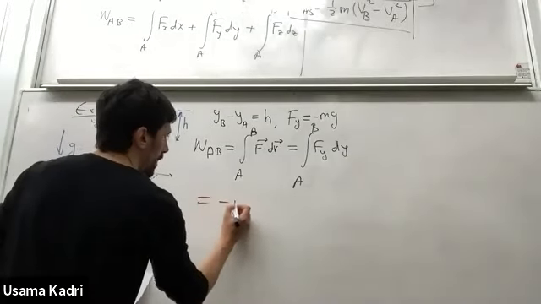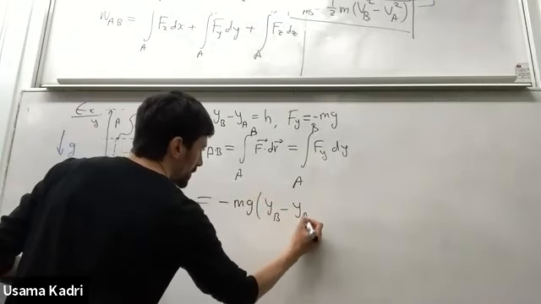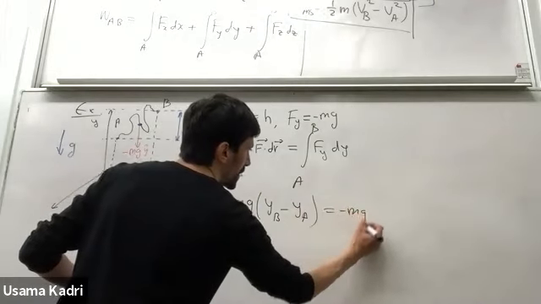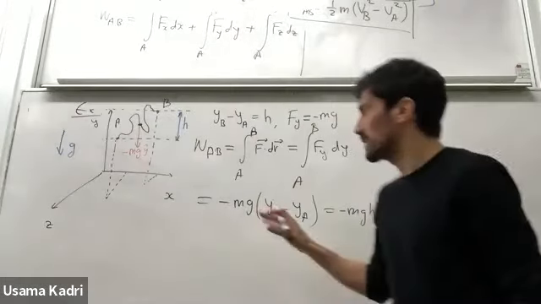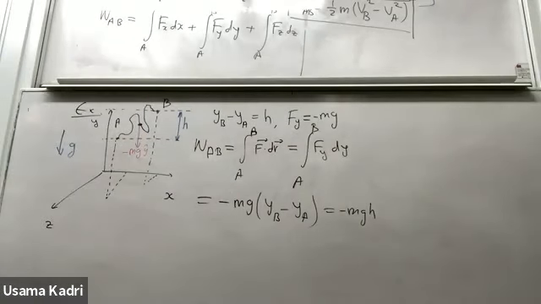And that is equal to minus mg times (yB minus yA), which is minus mgh. Apologize for going maybe too fast, but I want to at least complete this part before we leave today.